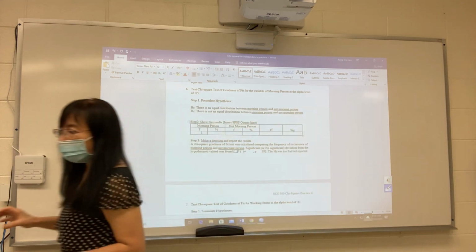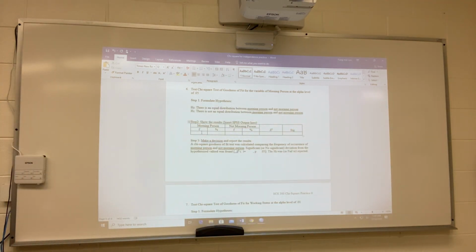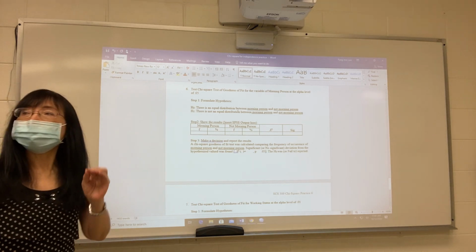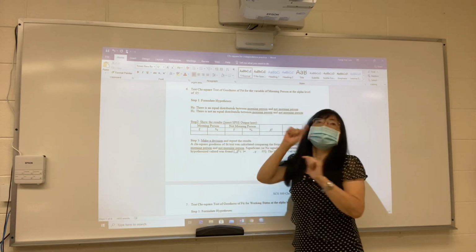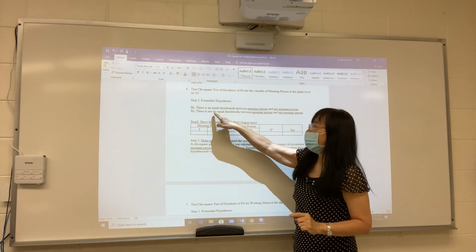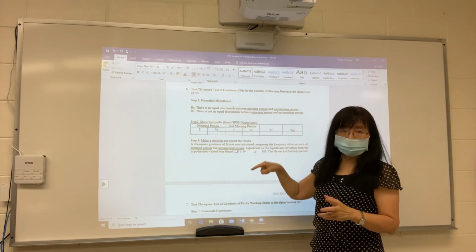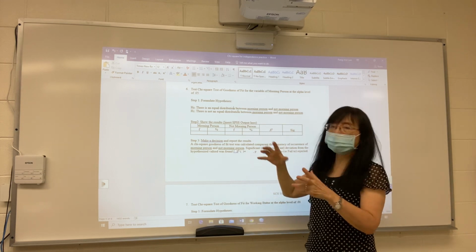It's a little bit more complicated than the other one because you need to go to 2 places. So the first one, let's see, chi-square goodness of fit to test various morning people at the alpha level 0.05. When you do the hypothesis, you don't see association like in chi-square for independence. You will say they are equal distribution or equal percentage.